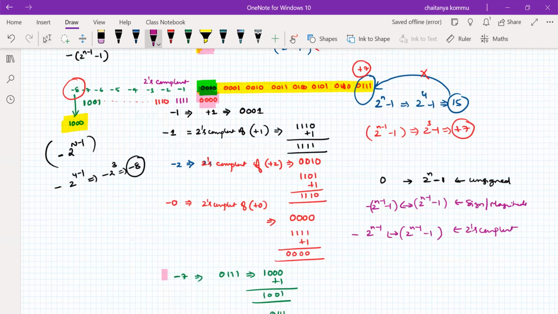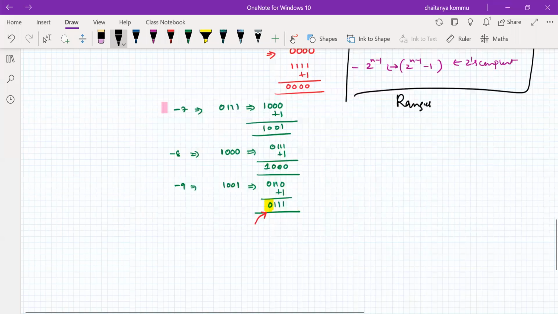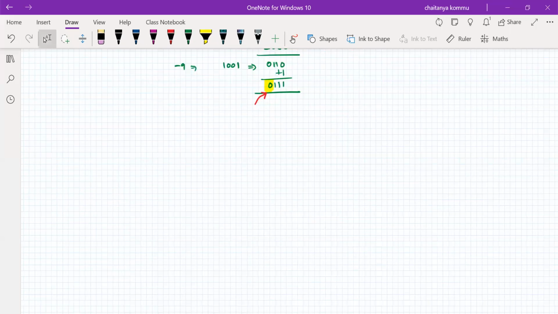That's it. It's very, very important, please remember these ranges. Now let us come to the point of why minus 9 is not possible with 4 digits.